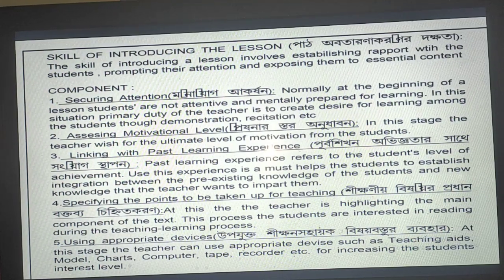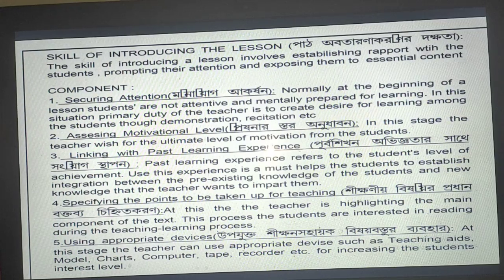The teacher can tell a story, or recite a poem, or give different types of talks related to education.